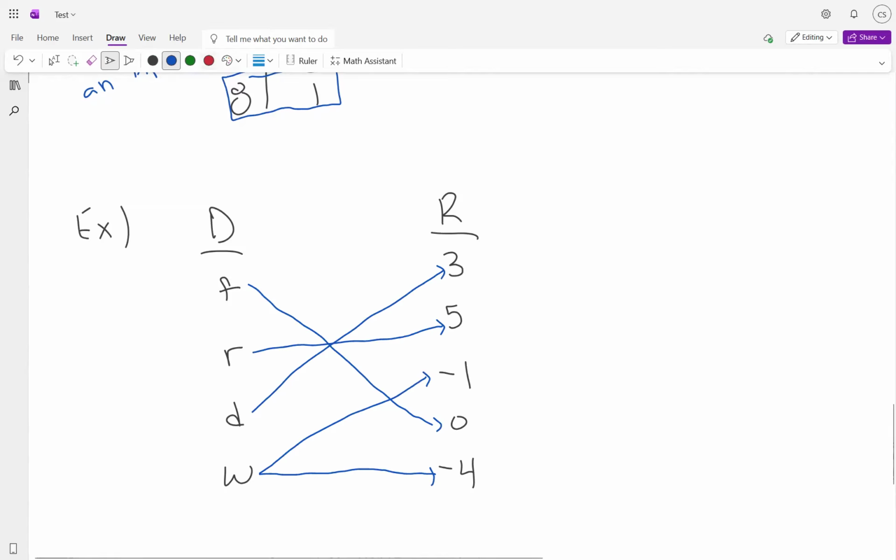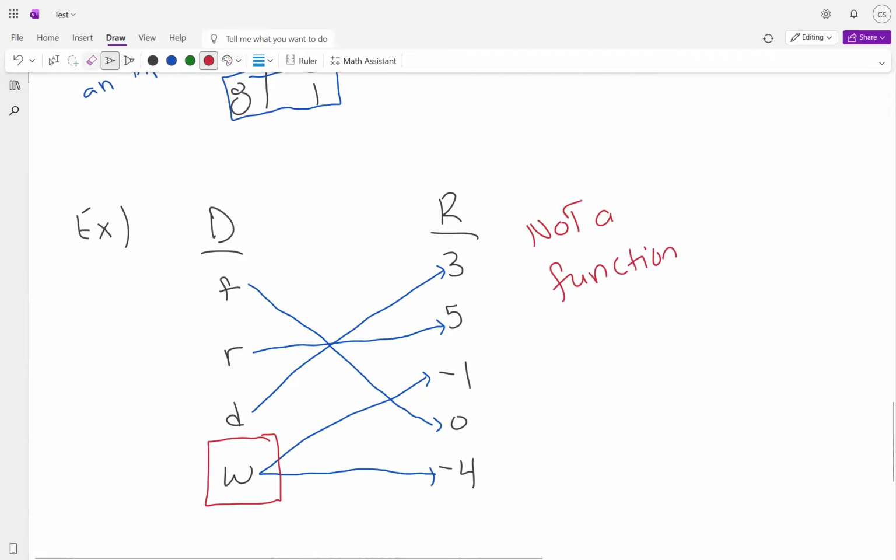All right. So in the same idea, we want to see if our inputs are getting sent to more than one place. And looking here at W, we have 2 arrows leaving W. So that's bad. Everyone else just has 1 arrow. But the moment you have one thing that breaks being a function, you're not a function. Okay.